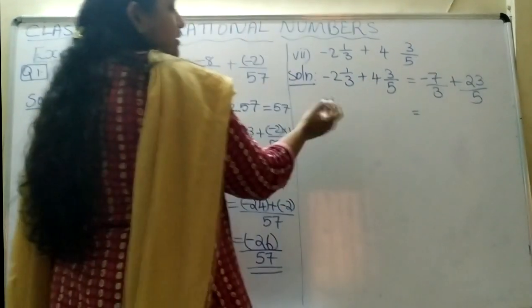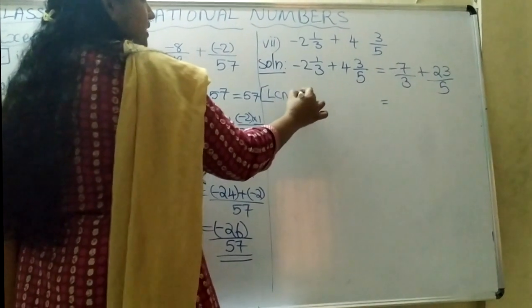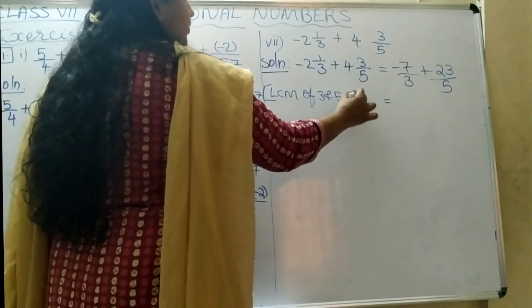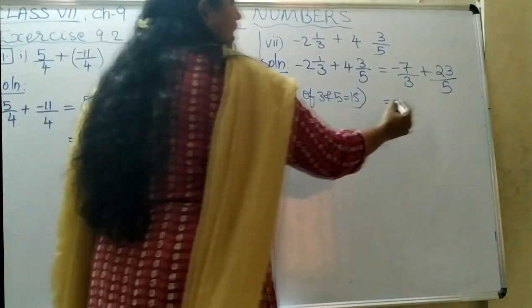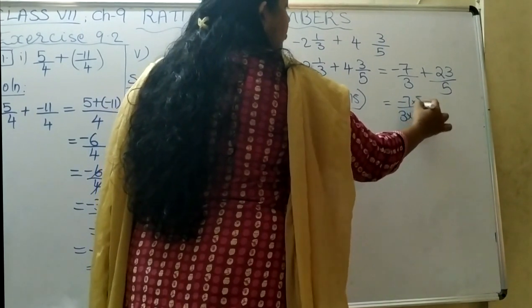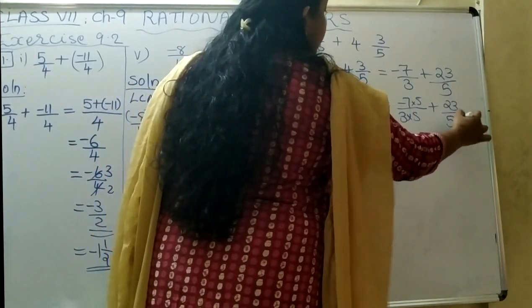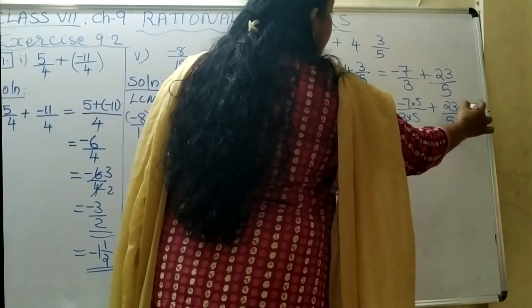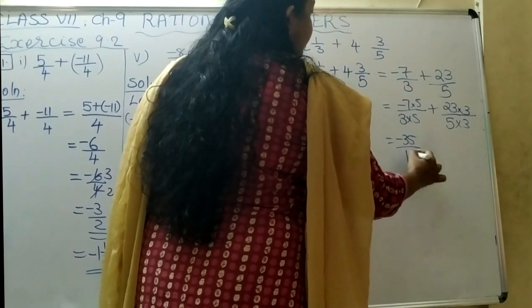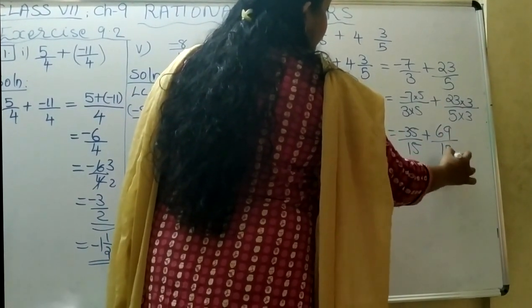Here the denominators are different, so we can find the LCM. LCM of 3 and 5 is 15. Minus 7 upon 3 multiplied by 5, both numerator and denominator. 23 upon 5 is multiplied by 3. So we are getting minus 35 upon 15 plus minus 69 upon 15.